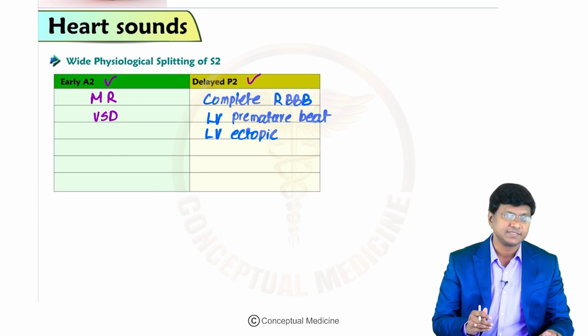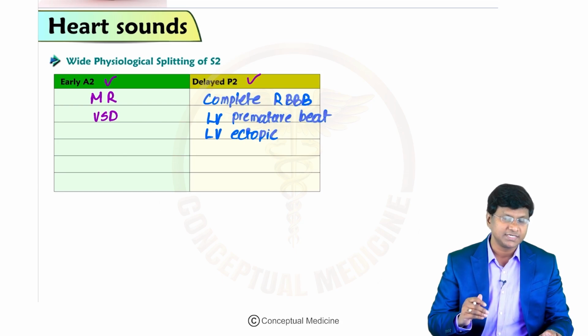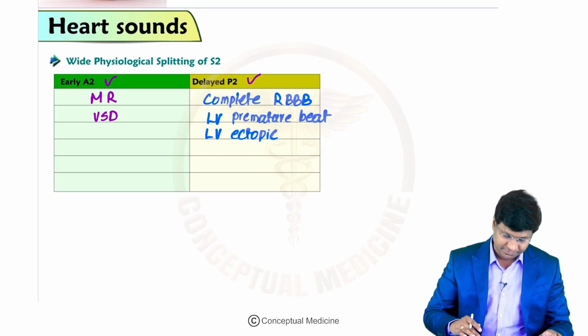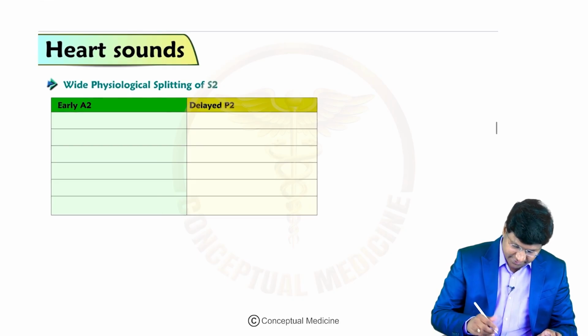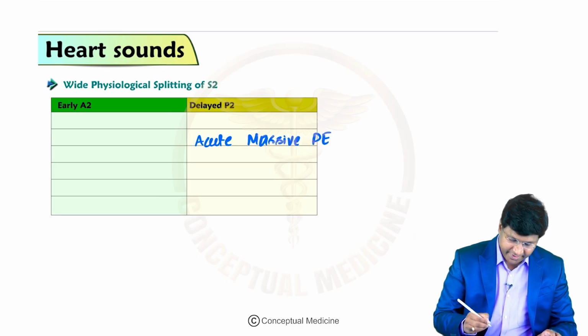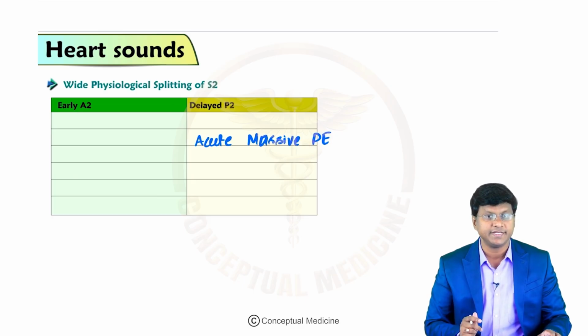Now I will tell you the mechanisms also. Apart from that, the other conditions where you have the presence of the delayed P2 are in patients with acute massive pulmonary embolism. In acute massive pulmonary embolism you have the presence of the delayed P2.